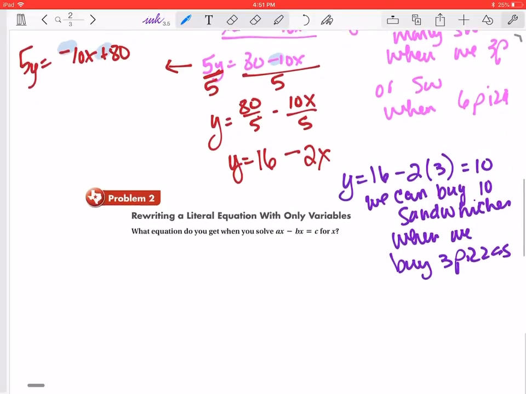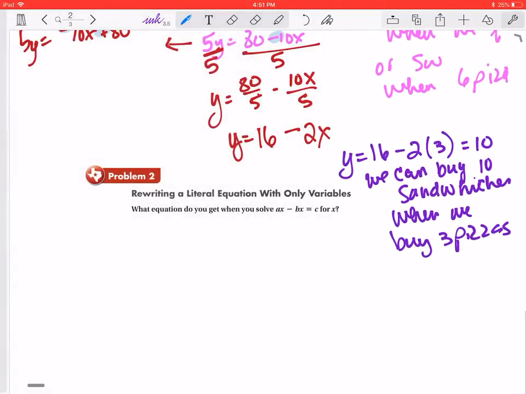Okay? Now we also want to find out how many we can buy when we have 6 pizzas. So that's going to be y is equal to 16 minus 2 times 6, and 2 times 6 is 12. So 16 minus 12 will give us 4.